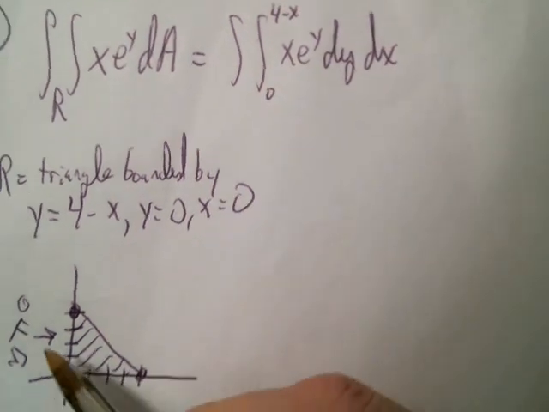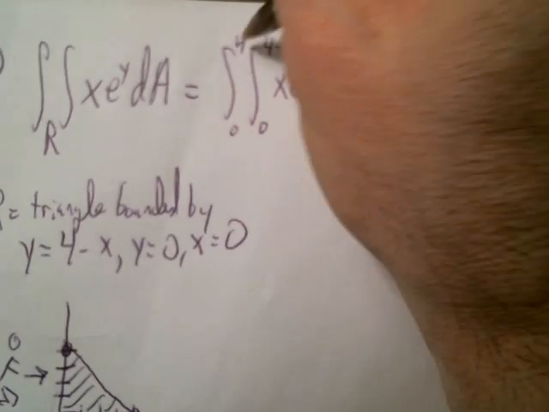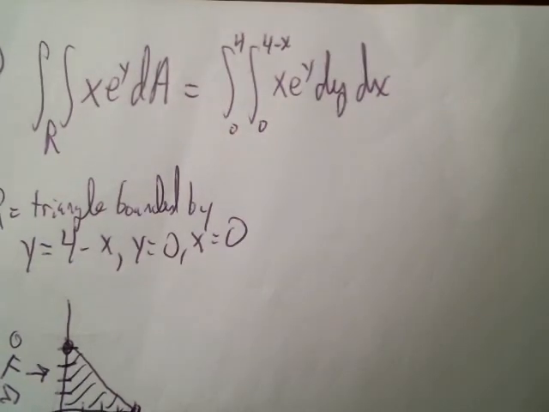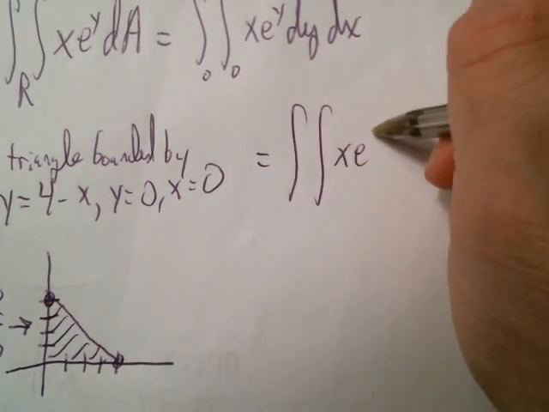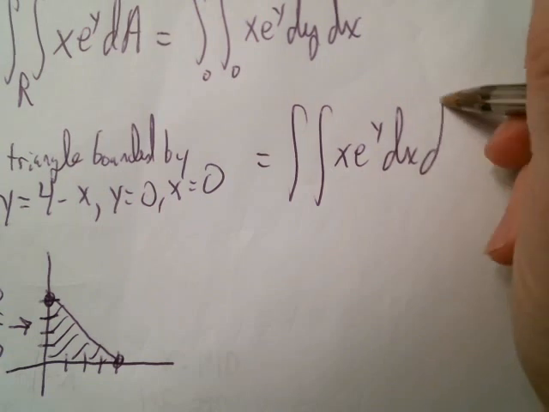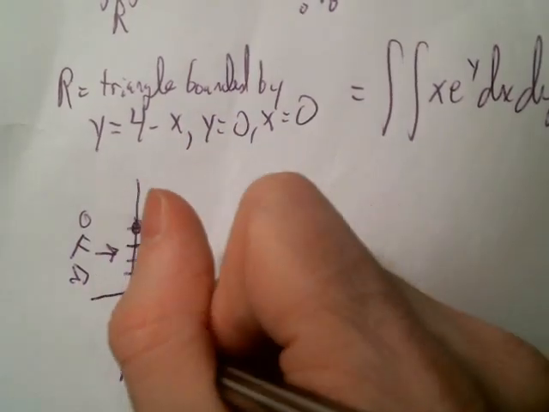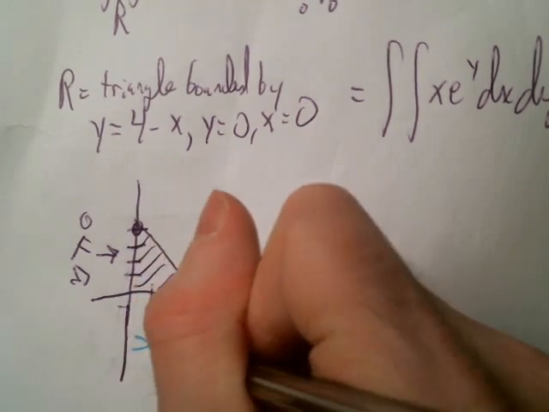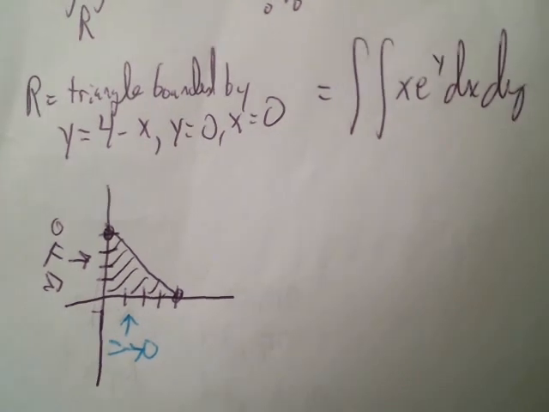And then the Riemann man is going on the x-axis from 0 to 4. So I got 0 to 4. Then I need to write it in the other order, x e to the y, and we have dx dy. Right? So the non-traditional orientation, my running man is going in this direction now. It looks like he's walking.